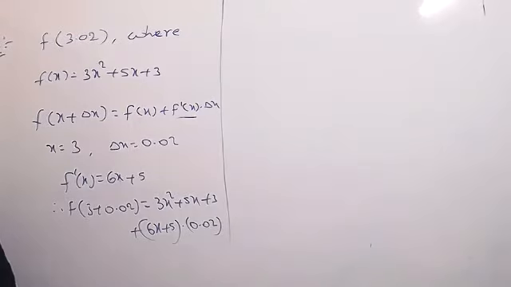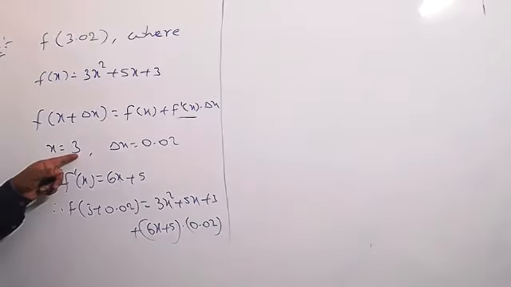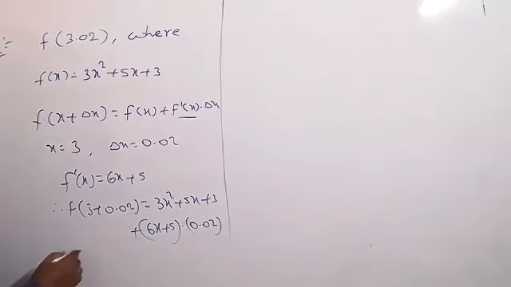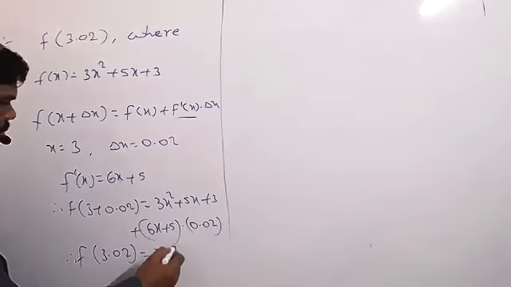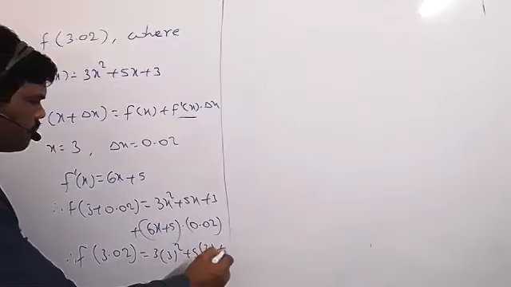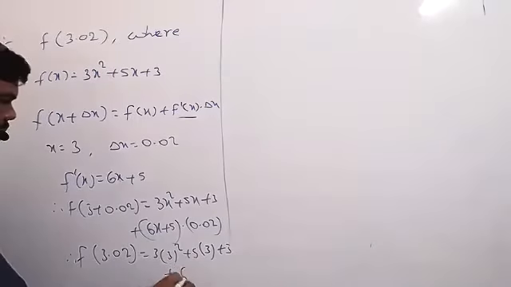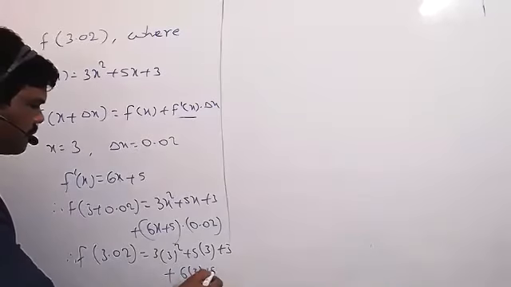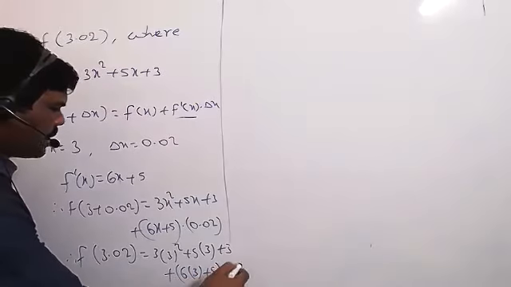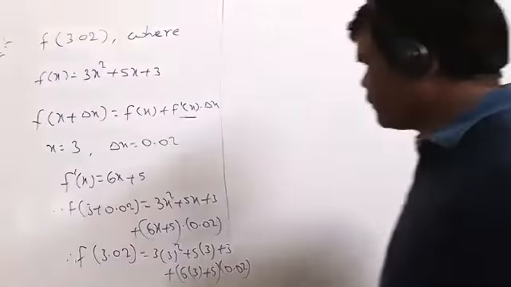The value of x is 3, so substitute that. So f of 3.02 equal to 3 into 3 square plus 5 into 3 plus 3 plus 6 into 3 plus 5 into 0.02. I can simplify the value now.